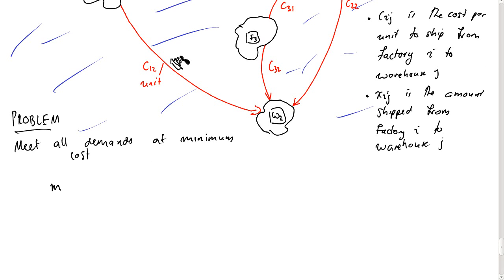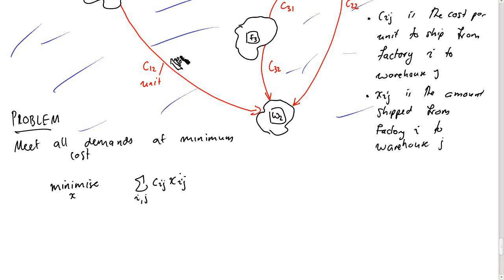I want to minimize the total cost. The total cost is Cij times Xij. Remember it's a cost per unit, so we've got to multiply by the number of units shipped, and we're going to take the sum over all the i's and j's.